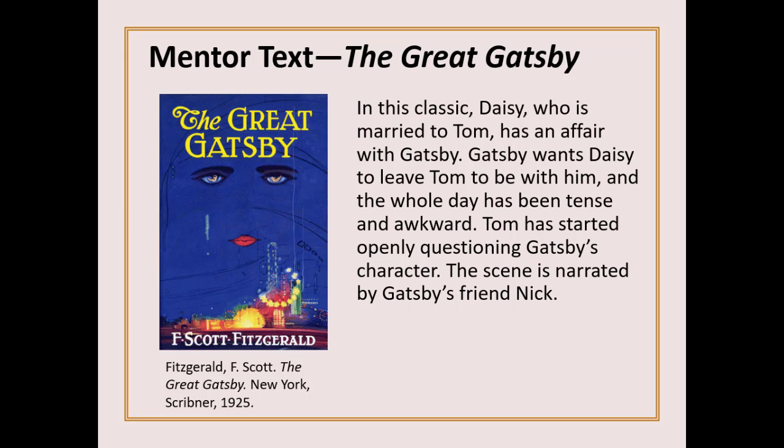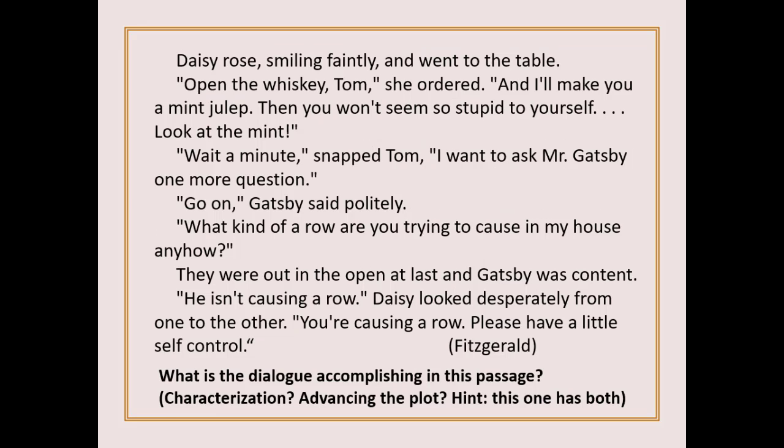Tom has started openly questioning Gatsby's character, and the scene is narrated by Gatsby's friend Nick. So for this one, I'm going to give you a hint that there's both characterization and a plot event happening, so I want to see if you can spot them.